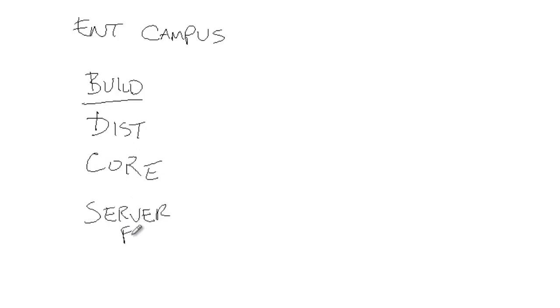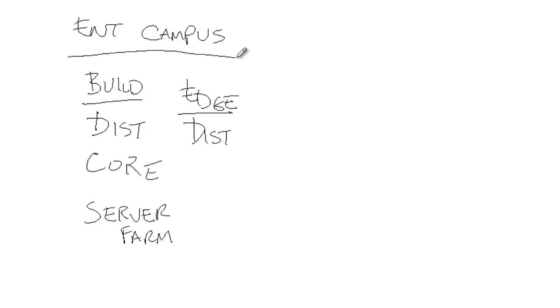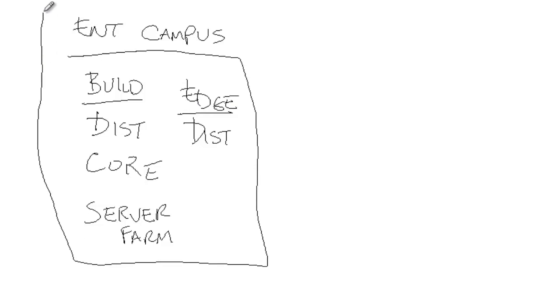That rarely is this ever built out in an isolated network. So there is an edge distribution service in this enterprise campus as well. Now this is one module, and Cisco wants you to understand that as one module.